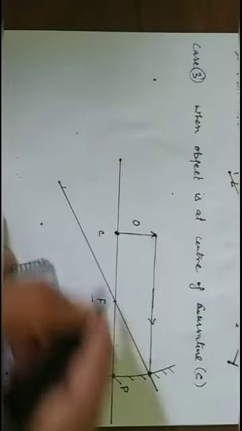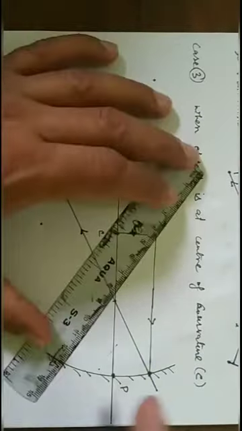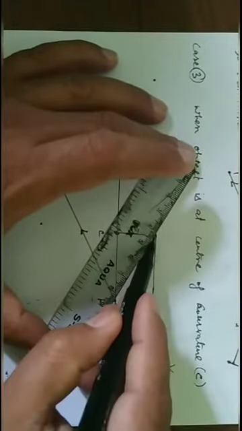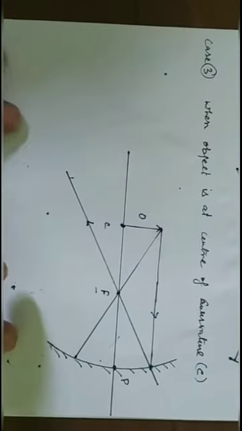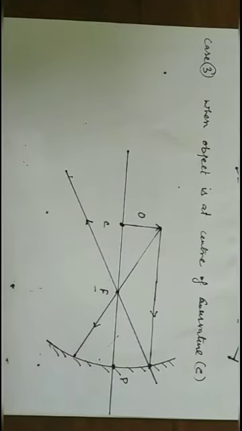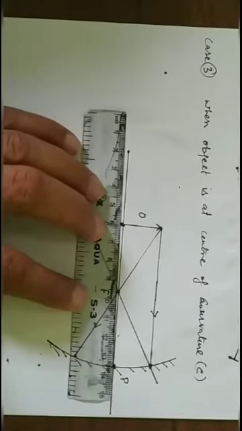So this is our reflected ray. Second ray, I will make it pass through the principal focus. Any ray passing through the principal focus will become parallel to the principal axis.